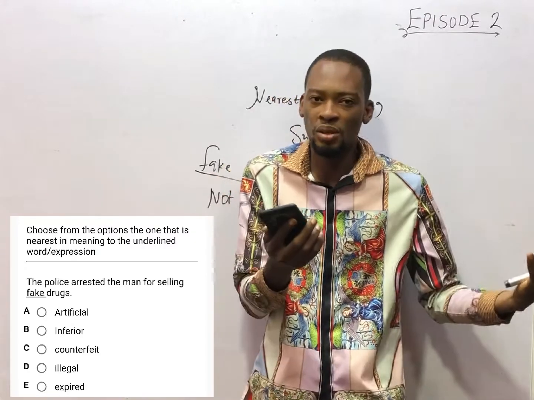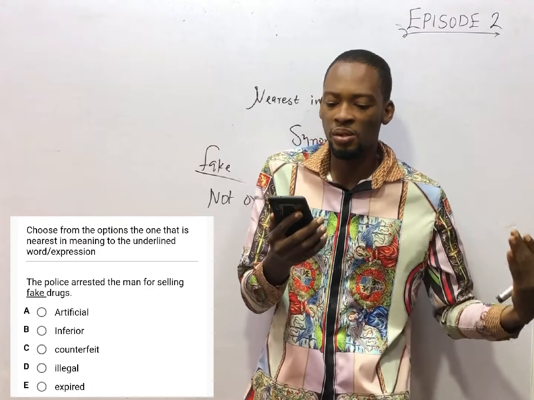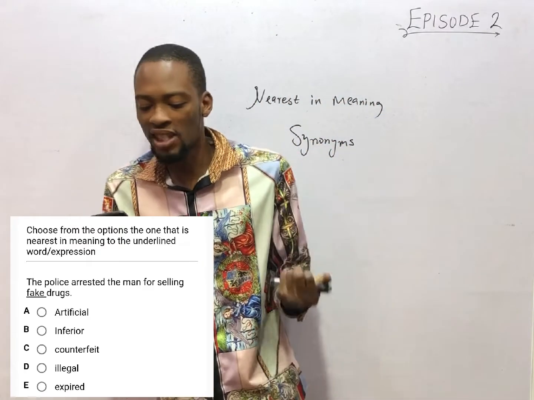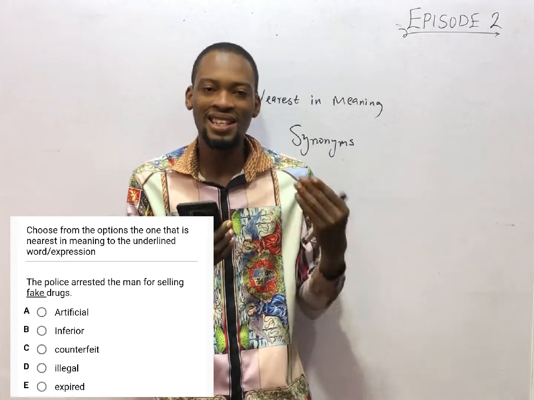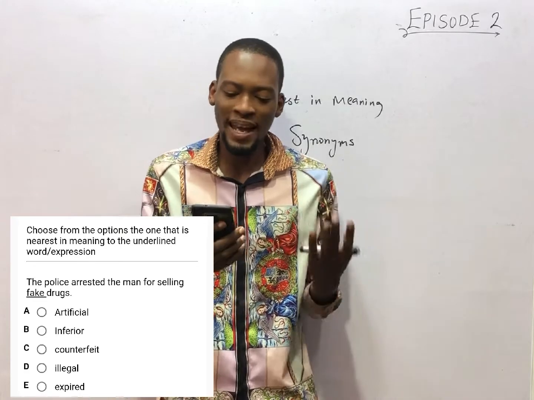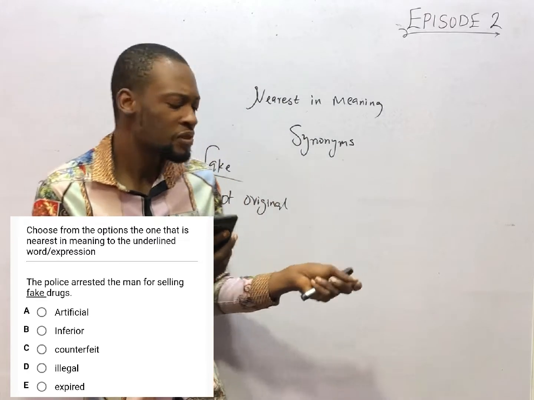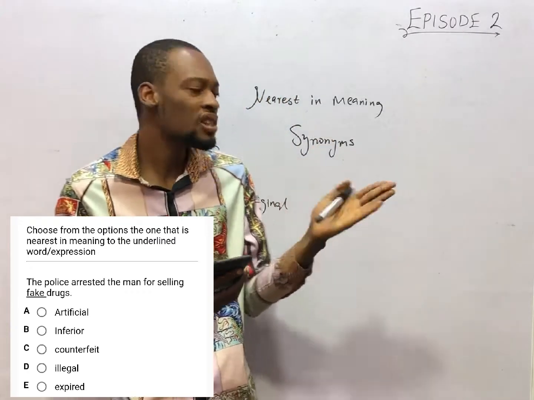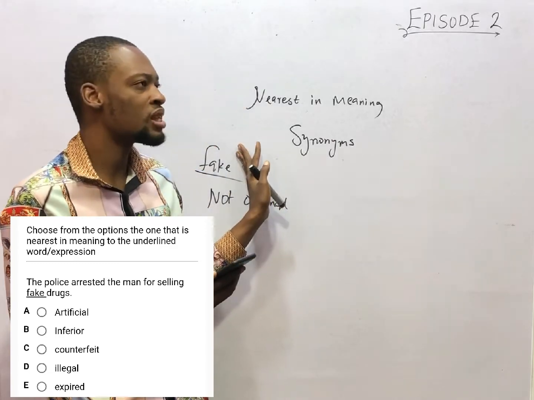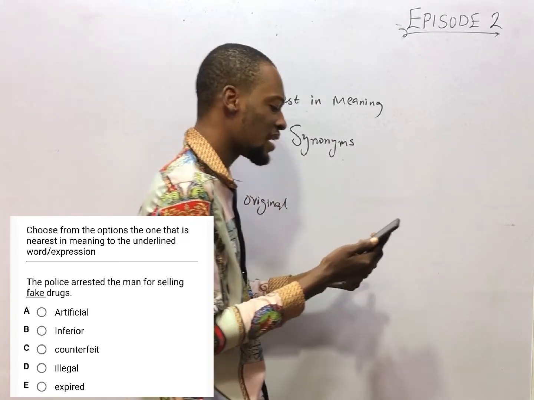Fake means imitation, not the original. Option C says counterfeit. Option D says illegal, and option E says expired. Expired is not nearest in meaning to fake, because even the original can expire. So anytime you see fake associated with drugs, the synonym is counterfeit.